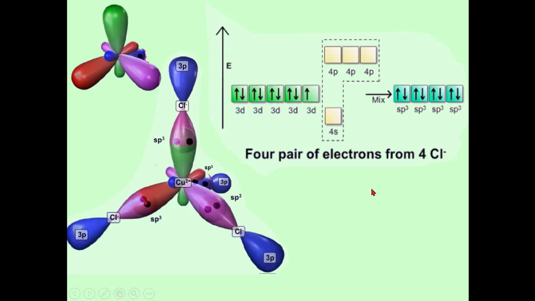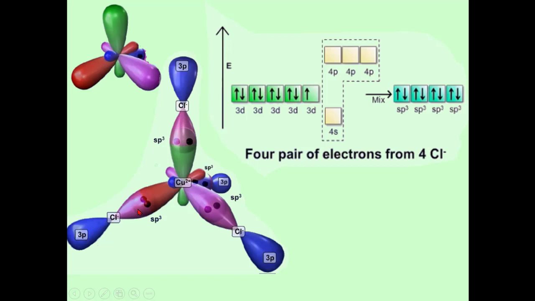You may remember that we are making the complex with the help of a ligand, and the ligand is four chloride ions. Each chloride ion has an extra electron, and these electrons are present in the 3p orbital of the chloride ion, and each 3p orbital can donate an electron pair. You may see an electron pair from this side, and from all four sides.